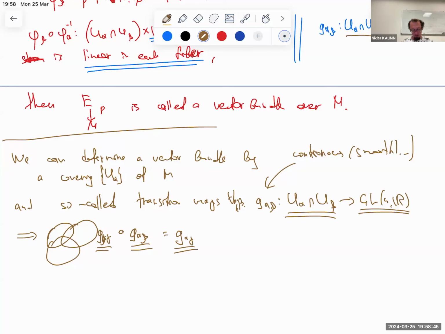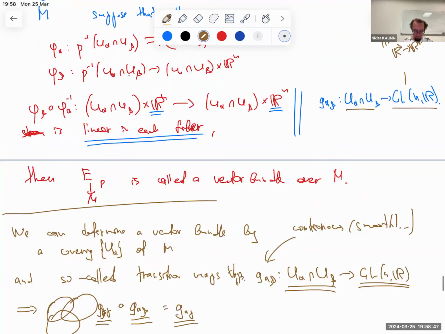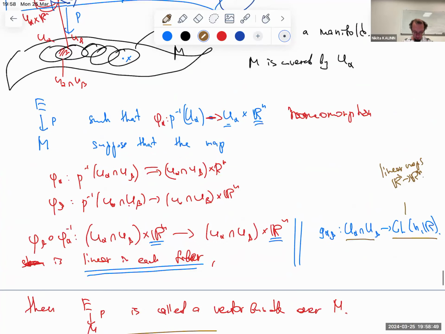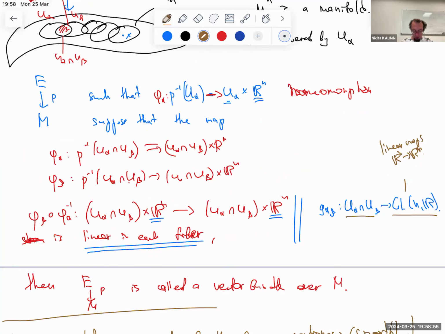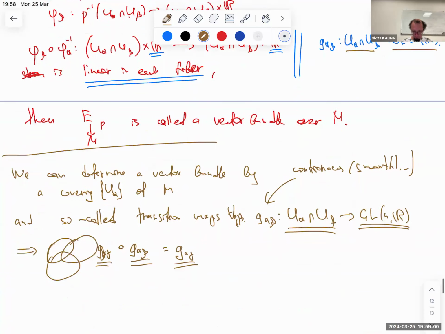Okay, so a vector bundle is defined above, so just a map with such properties that the preimage of every point is Rn, and when we change coordinates, the gluing is linear. But equivalently, a vector bundle is just a covering of M by charts with transition maps given by such maps, such that you have this condition of compatibility.